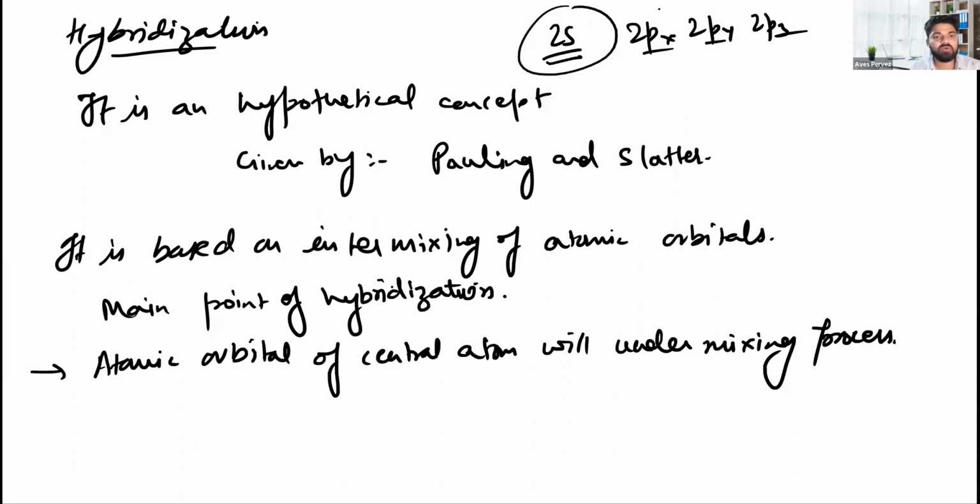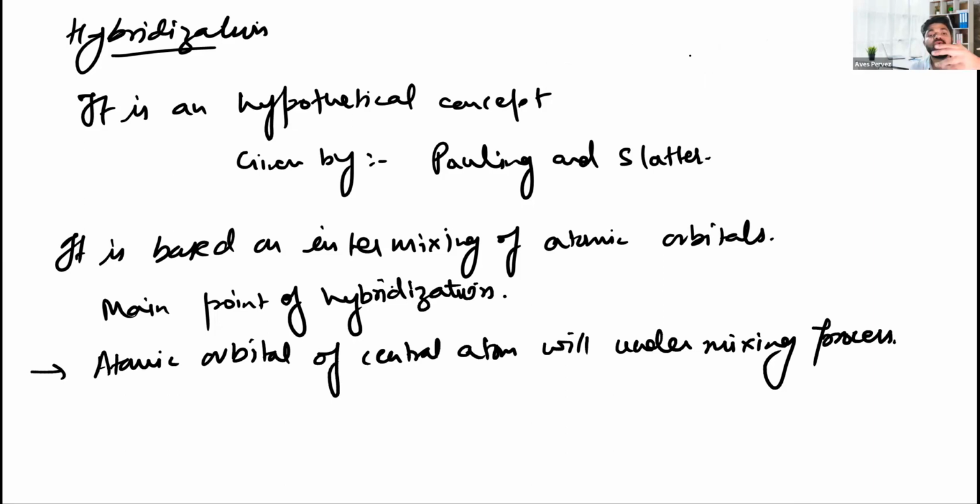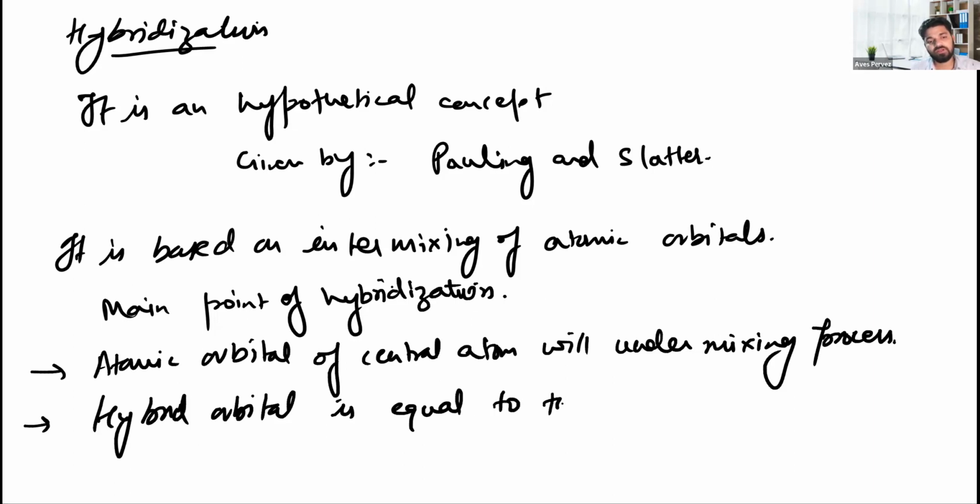If they mix, they will form 4 new orbitals. So the number of hybrid orbitals is equal to the number of atomic orbitals.